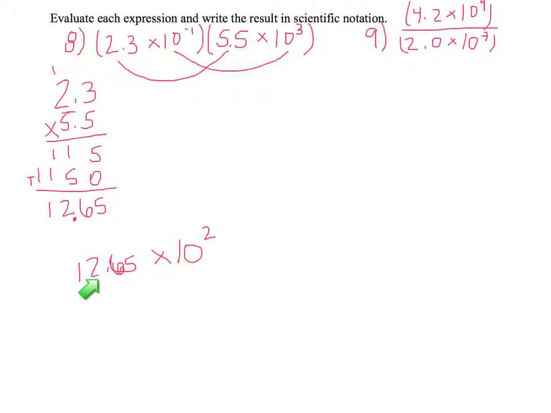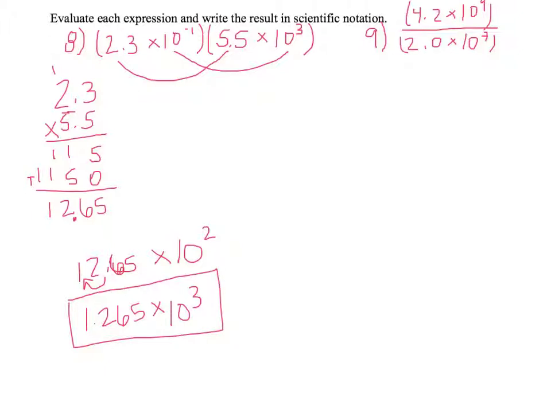I've got 2 numbers in front of the decimal. Can't have that. I need only 1 to the left of the decimal. So I'm going to move my decimal 1 place to the left and have 1.265. And so I must increase the exponent on the power of 10 to now be 3. And so that would be our solution.